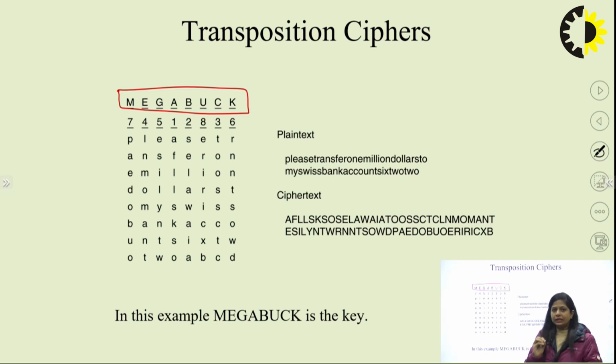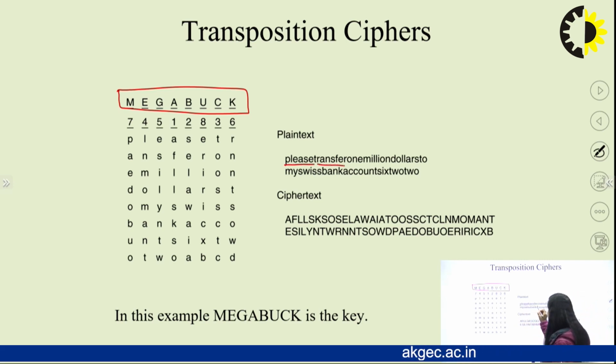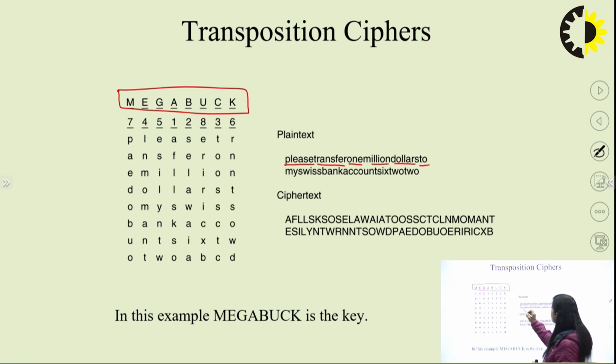Whatever plain text is there will be simply arranged according to the key. The plain text is: please transfer $1 million to my Swiss bank account 622. For example, this is the plain text.